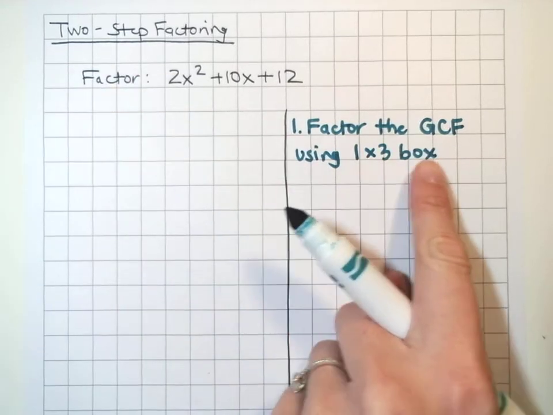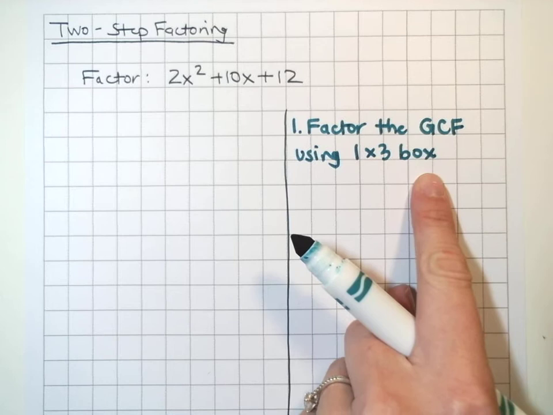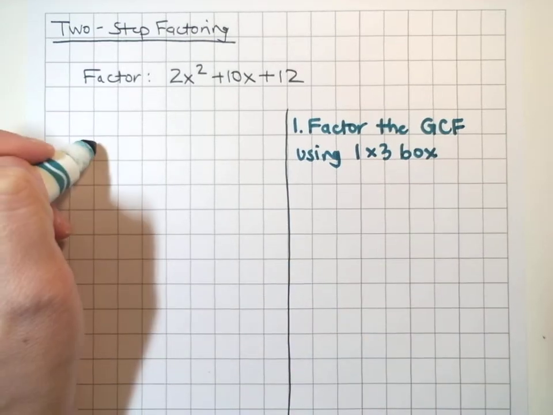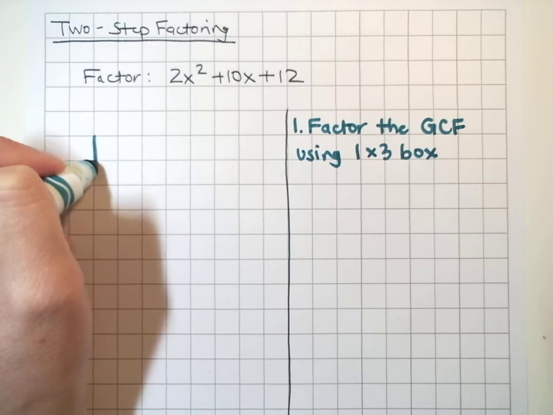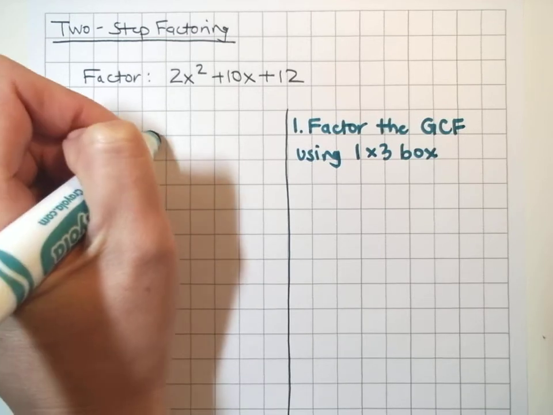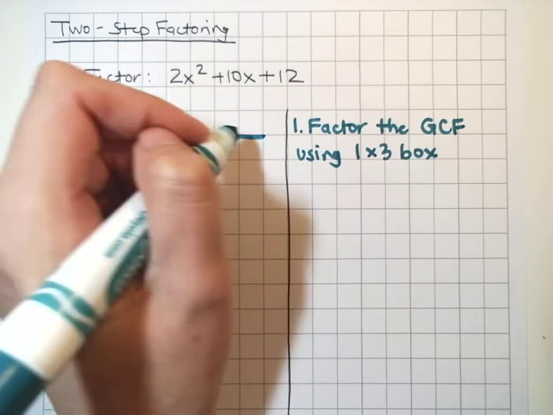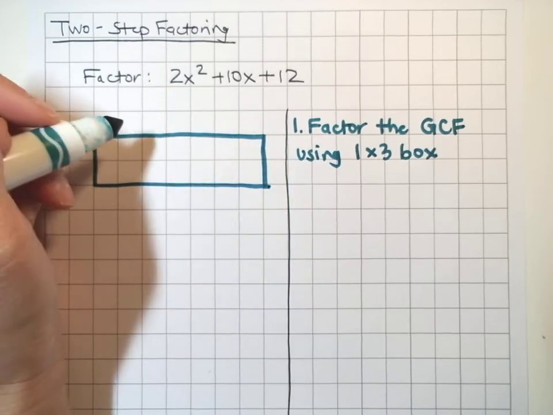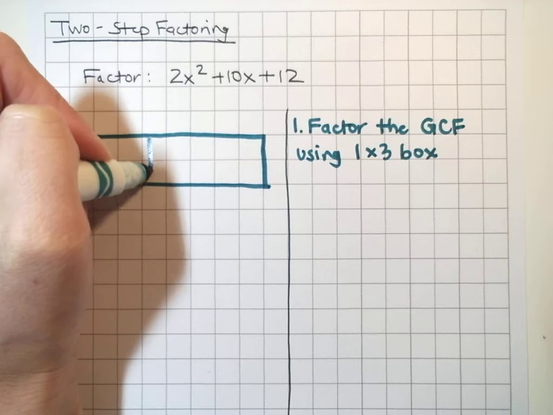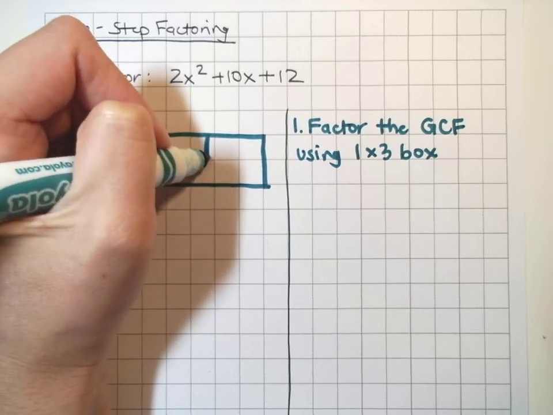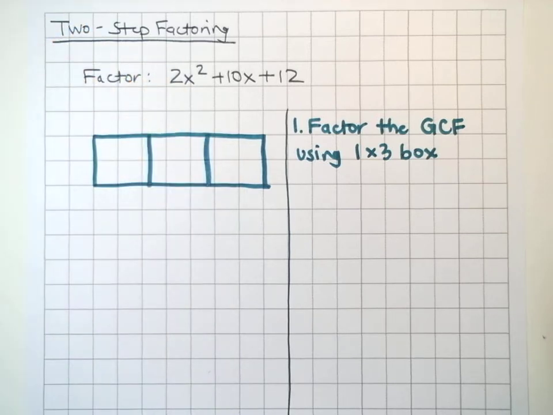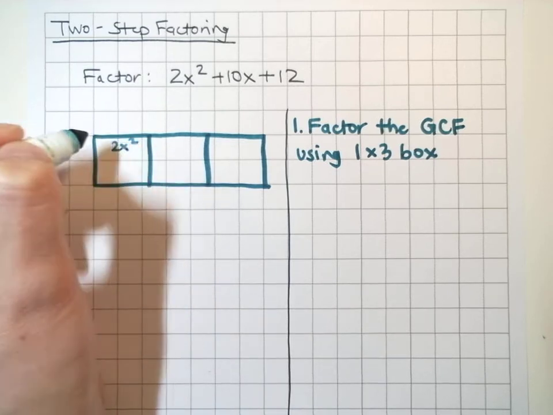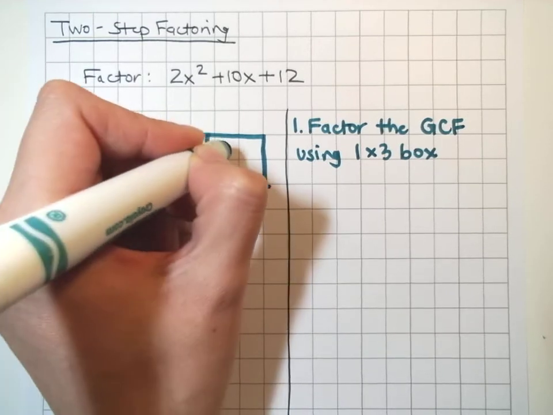And so you already have the steps on how to factor out the GCF two pages back in your notes. So if you forgot, you can go back and reference how to factor out the GCF. So we have 2x squared, 10x, and 12.